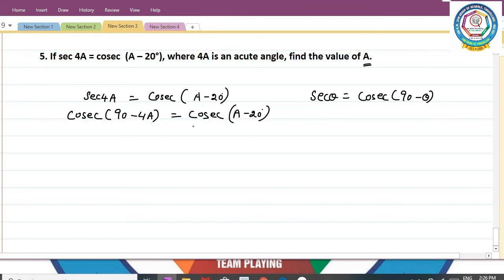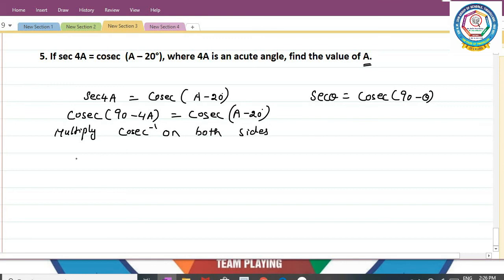So here cosecant is there on both sides. I want to remove cosecant on both sides, so I am going to multiply by cosecant inverse on both sides. That only I can cancel.